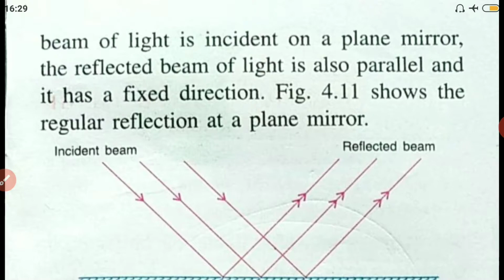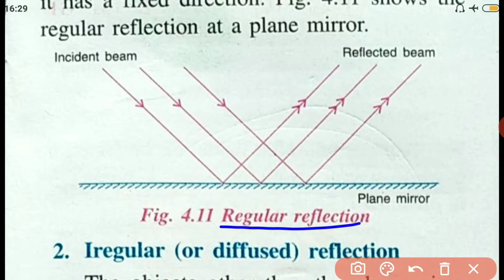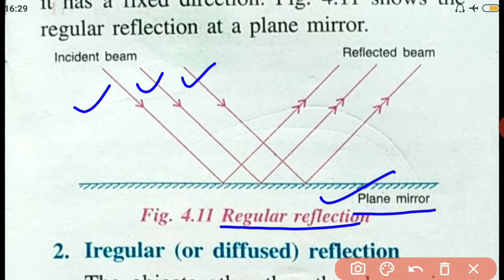So here let us understand regular reflection. In a regular reflection, what happens is when the incident rays are parallel to each other and they strike the plane surface like a plane mirror, a smooth surface, we can observe that the reflected rays are also parallel to each other.